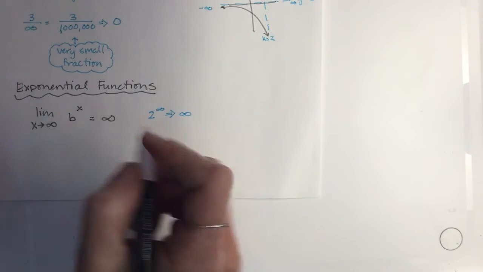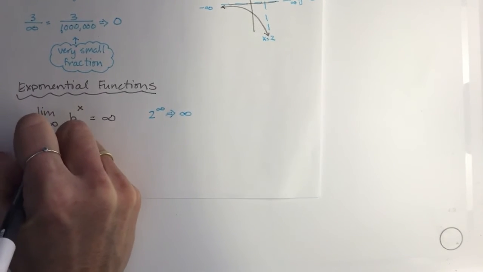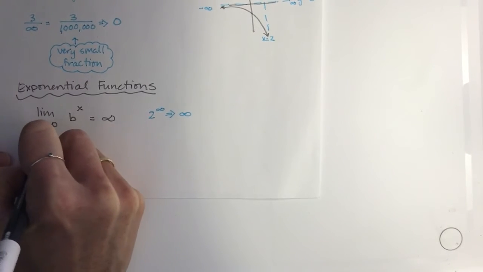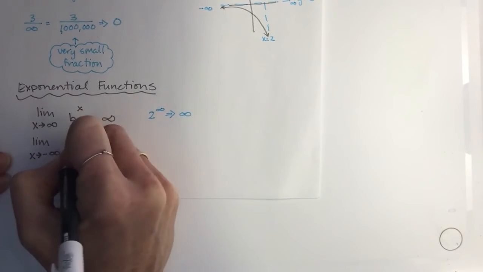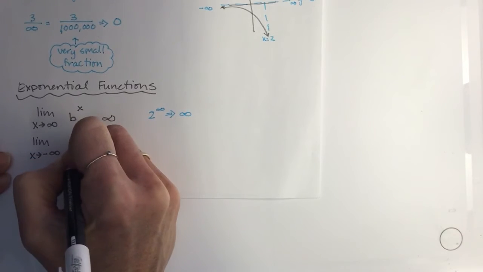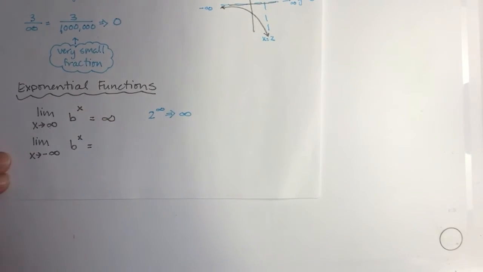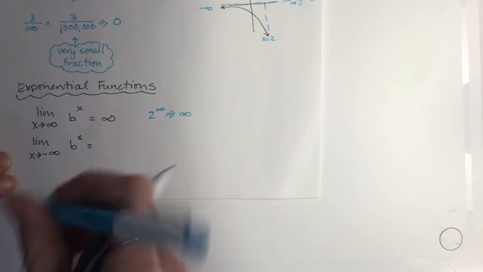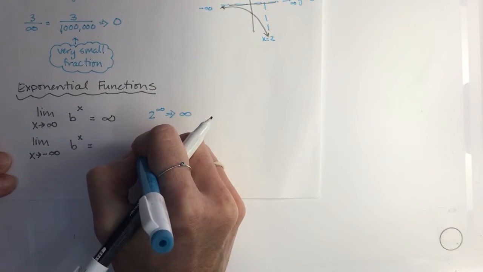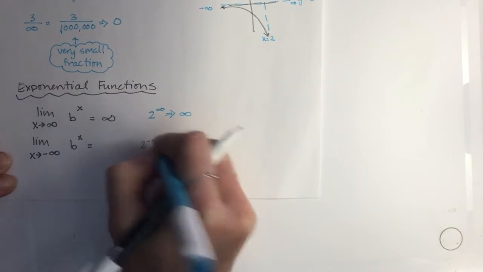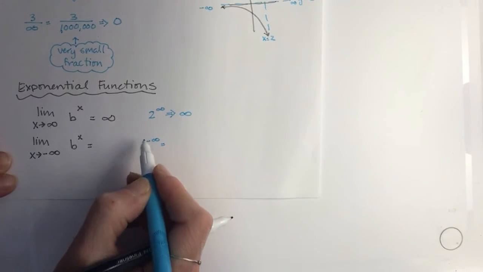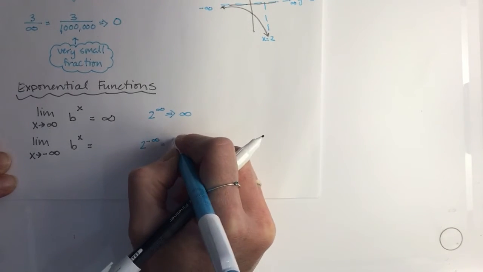Now, what happens when you take that, though, and you go to negative infinity? When you have a negative number in the exponent, what does that mean? Well, it means this. So let's say for example 2 to the negative infinity. Well, when we have a negative number, that puts it down in the denominator.